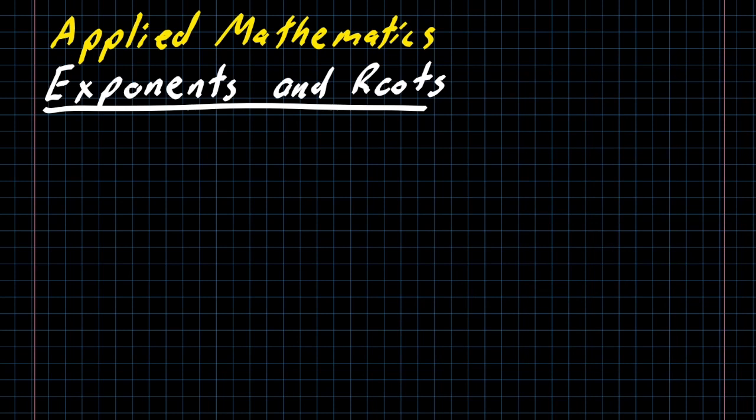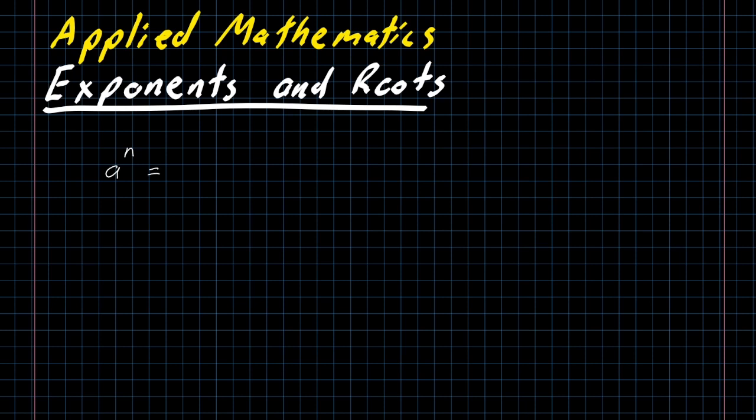So, a quick reminder that exponent notation involves having some base. I'll use an A to represent the base, and some exponent. I'm going to specifically look at an A to the n as my generic case.